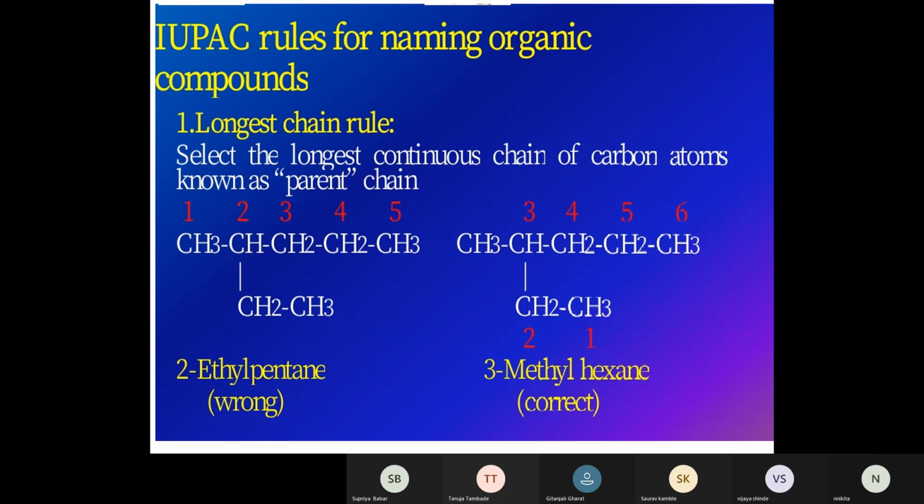If we started the numbering from that end, then the carbon to which the methyl group is attached would get the 4th number. We have to start the numbering in such a way that the branch or substituent present gets the lowest number.